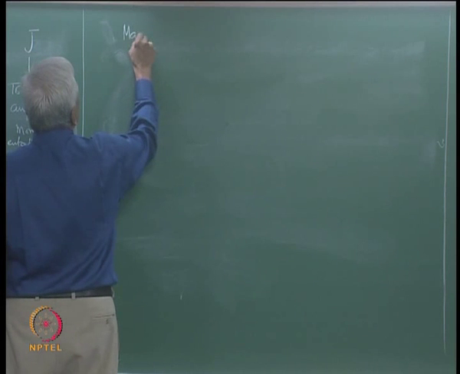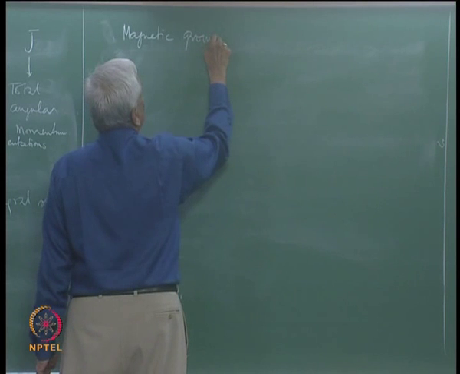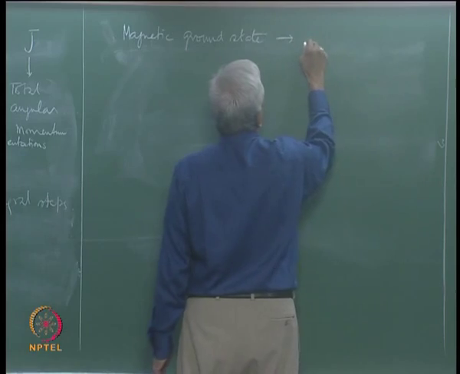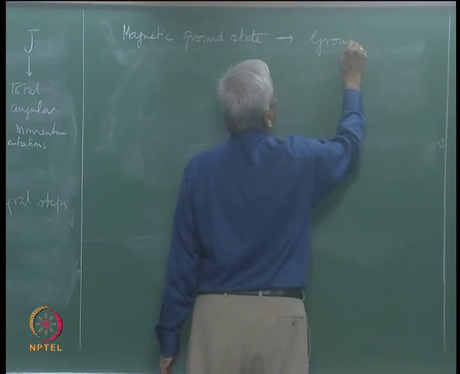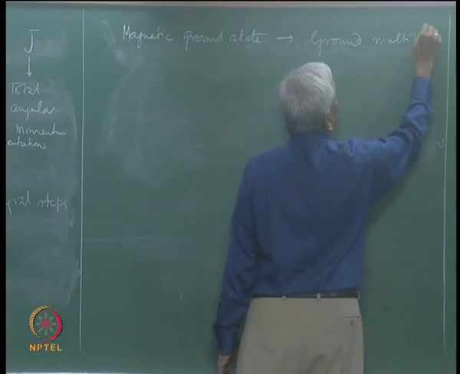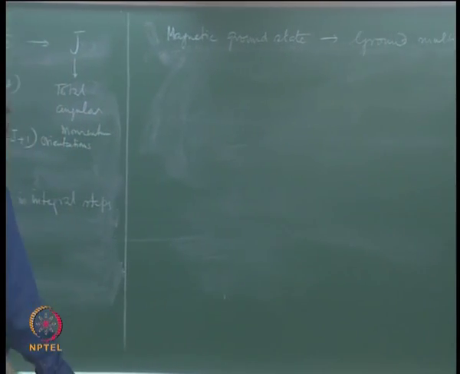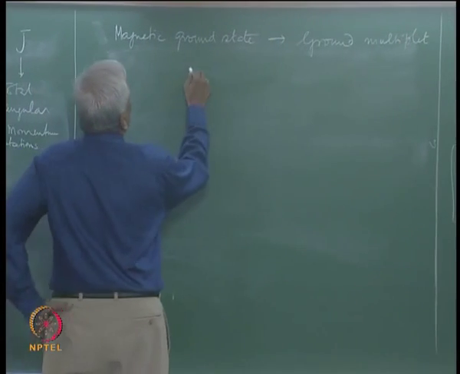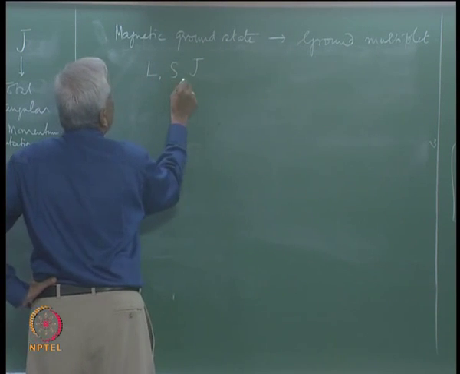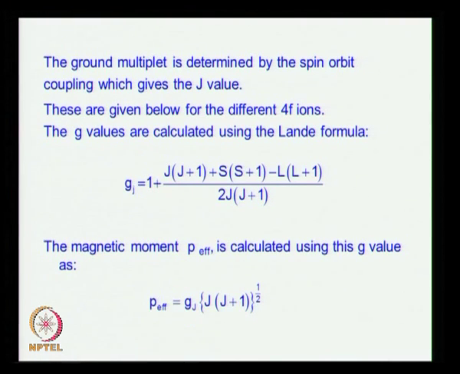So, the magnetic ground state which we have been asked to determine corresponds to the ground multiplet state. This is what we have to determine now in the case of the different ions. Once we know the multiplet ground state and the corresponding J value, we now know the L, S and J values for a given multiplet.